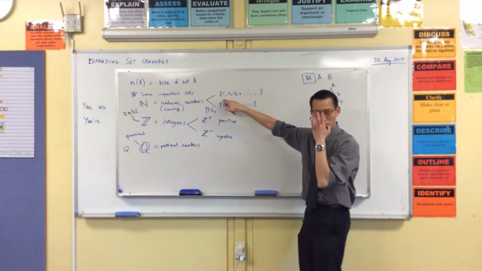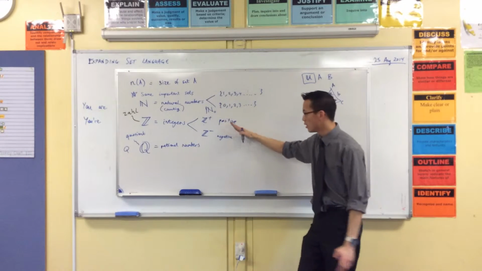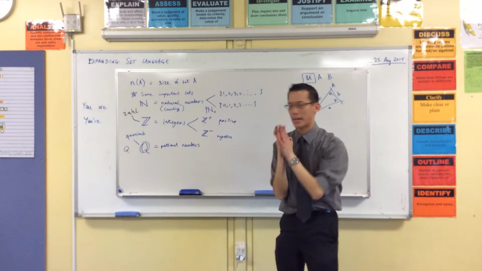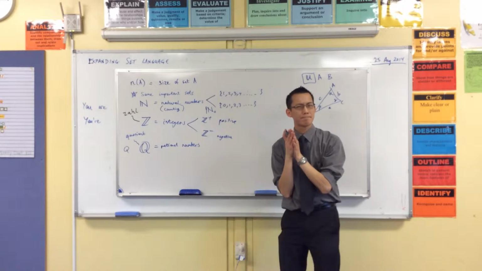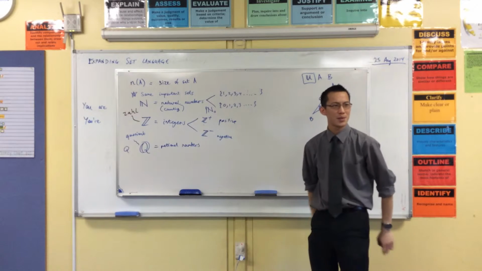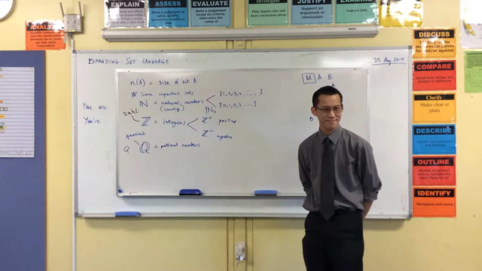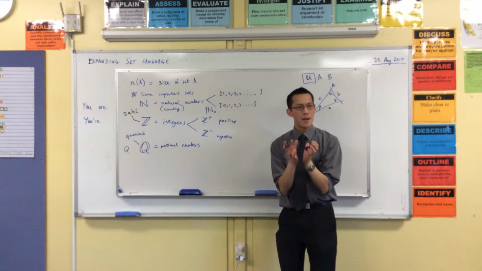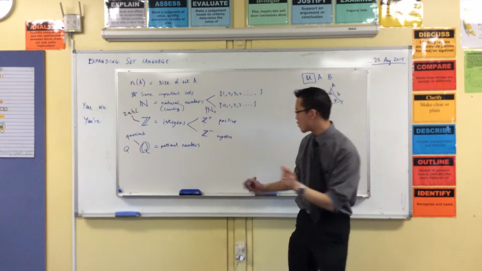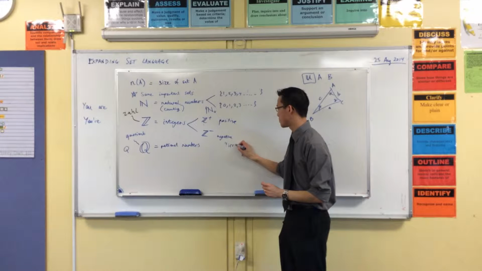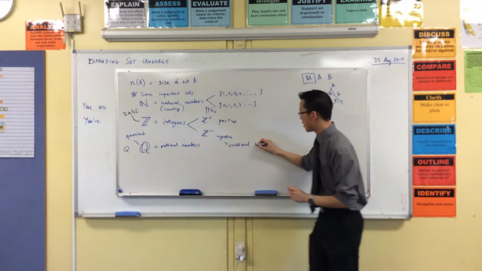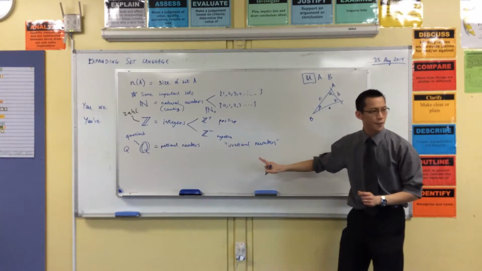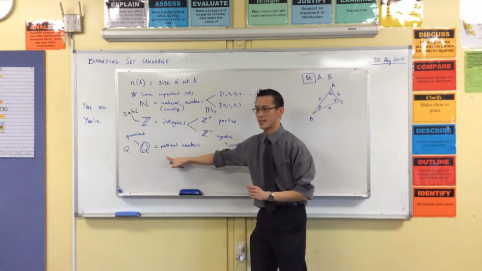Now we're missing some numbers, right? I've got all the whole numbers. I've got some negatives in here as well. Now I can have a half, a third, a quarter, and so on. But there are lots of numbers we're missing. So I can say irrational numbers. Now, the thing is, even the name itself, irrational numbers, tells you that this set is defined in terms of another set.